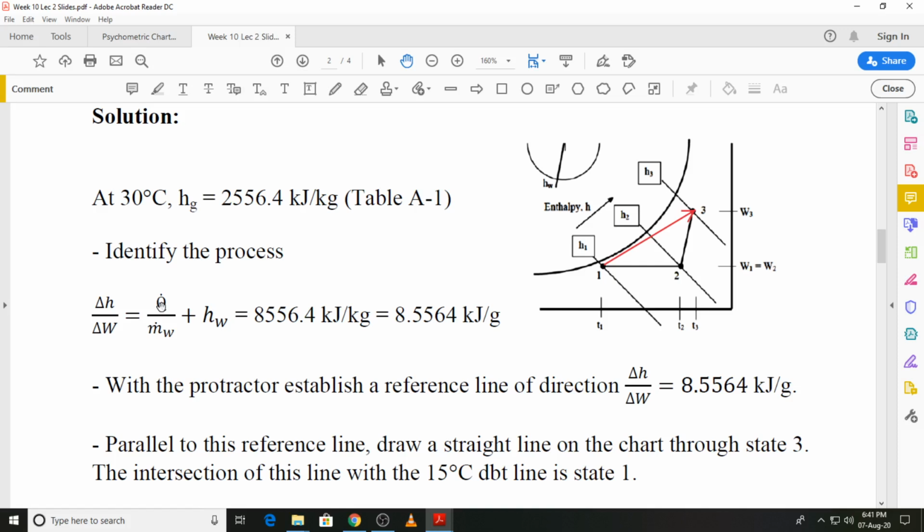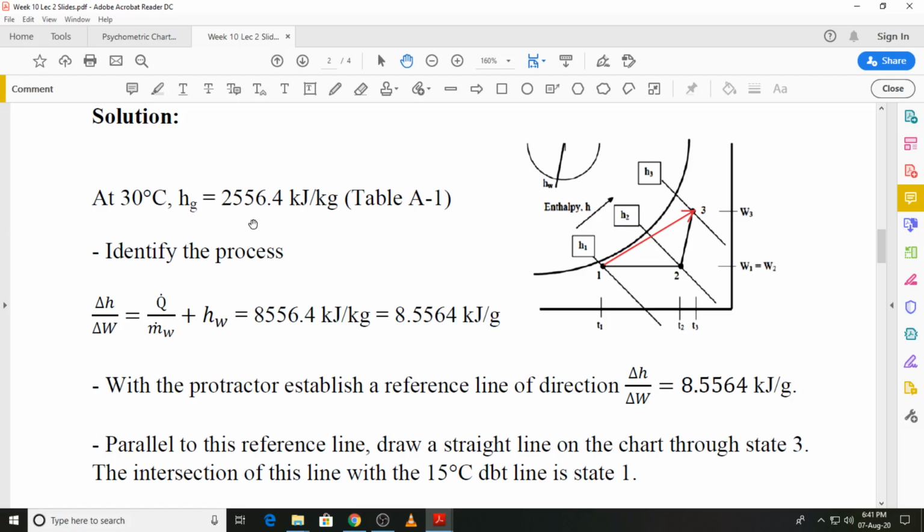Q dot is the rate at which we provide the sensible heating, M dot W is the rate at which moisture is added to the air stream, and HW is the enthalpy of the water which is added to the air stream, and we are told that this moisture can be considered to be saturated vapor at 30 degrees C.